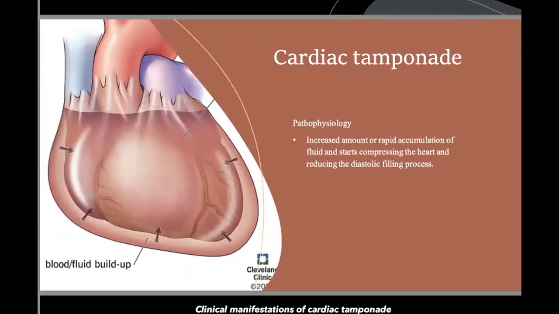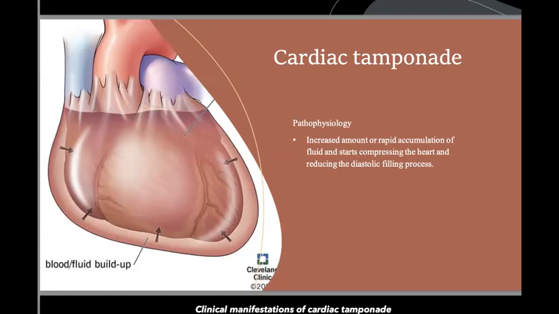So last but not least, we're going to talk about cardiac tamponade. To put it very simply, the way to differentiate between cardiac tamponade and pericardial effusion is that pericardial effusion happens much more gradually.